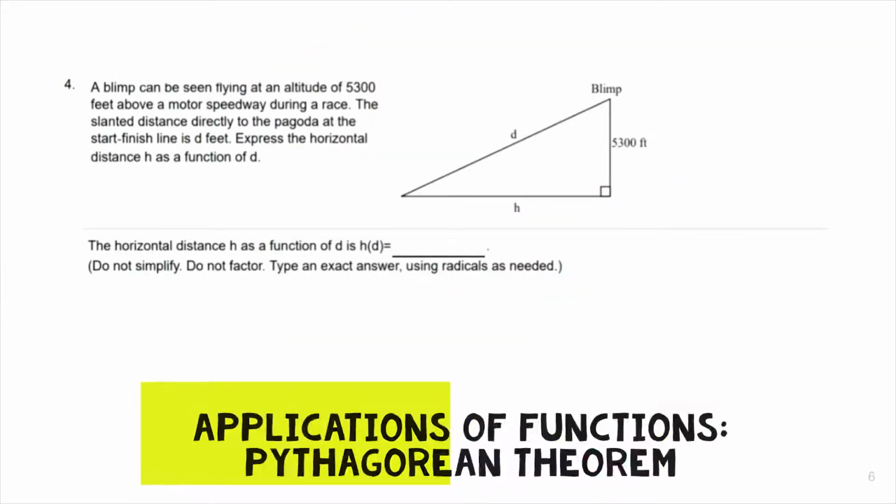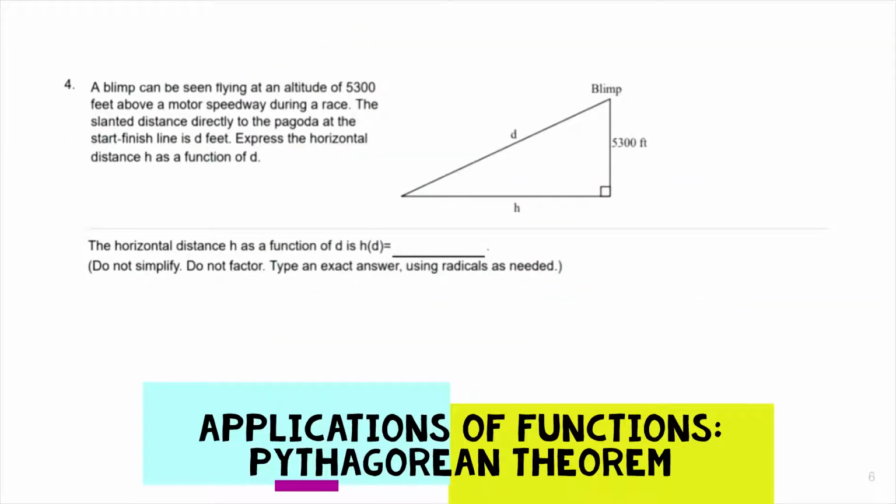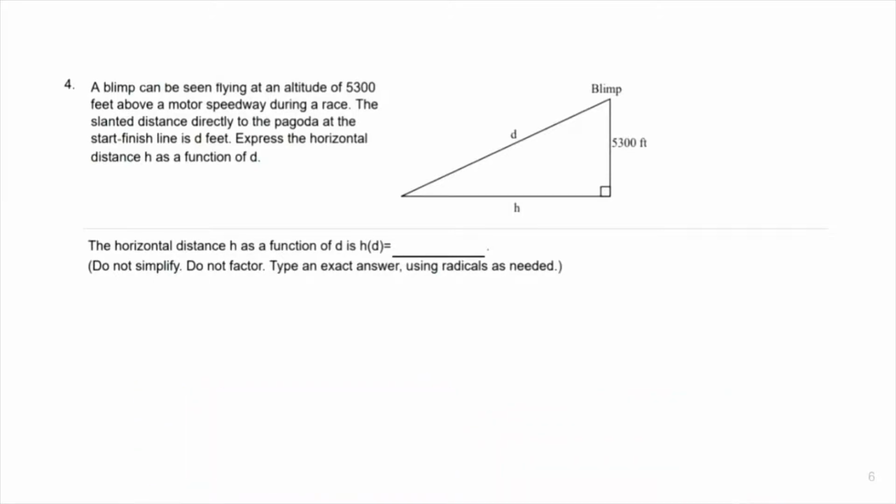This problem, we have another word problem. We are still going to use the Pythagorean theorem. And they want us to find, they have this blimp is flying at an altitude of 5,300 feet above a motor speedway during a race.